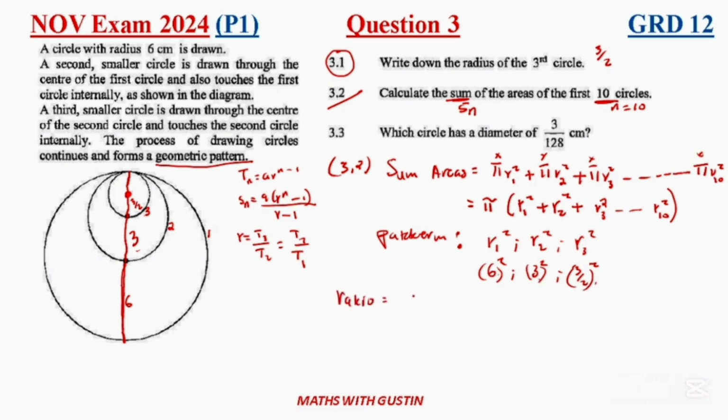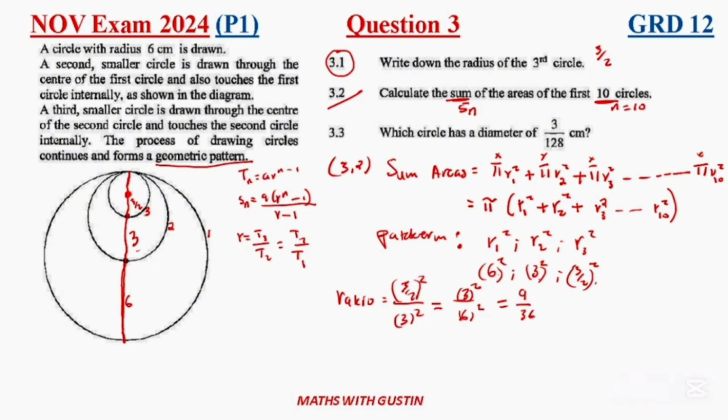The ratio of this pattern is going to be given by T3 over T2, where T3 is 3 over 2 all squared, all over 3 squared, which should be equal to T2 over T1. T2 is 3 squared all over 6 squared. So if you were to put this in your calculator, you would realize that the ratio is 9 over 36.